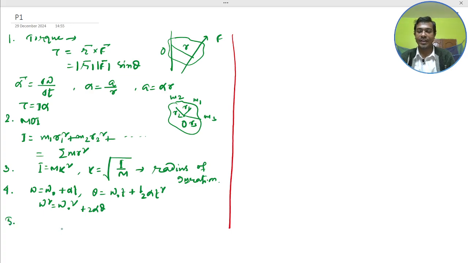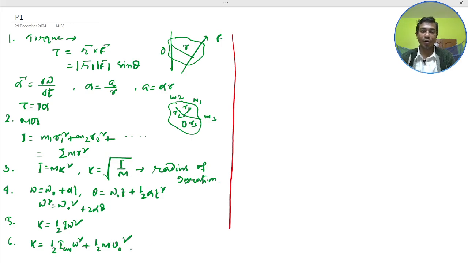Next, the kinetic energy of a rotating body: kinetic energy K equals half I omega square, where I is the moment of inertia about the axis of rotation. Next, kinetic energy of a body in combined rotation and translation: K equals half I center of mass omega square plus half m v naught square.